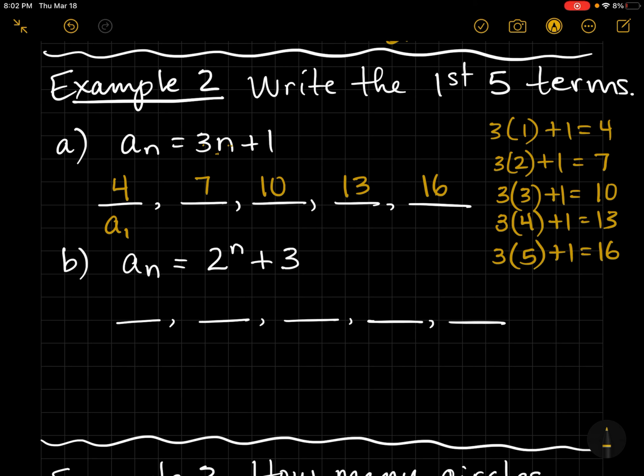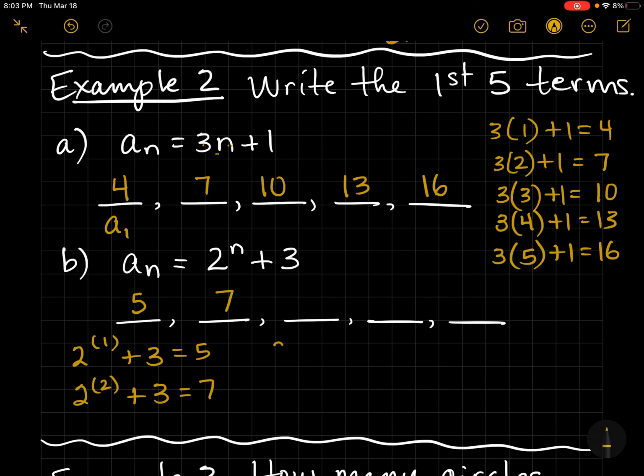Let's look at B. If we plug in 1, 2 to the first power is 2, so we get 5. If we plug in 2, 2 squared is 4, plus 3 is 7.